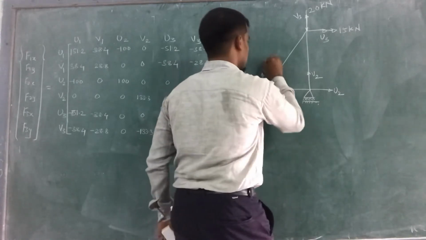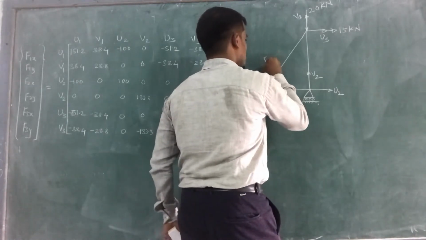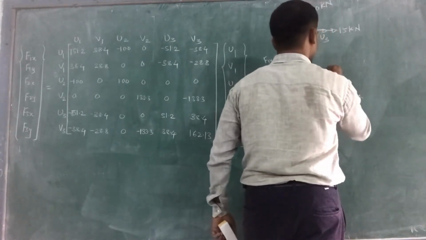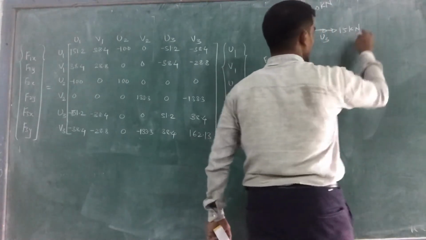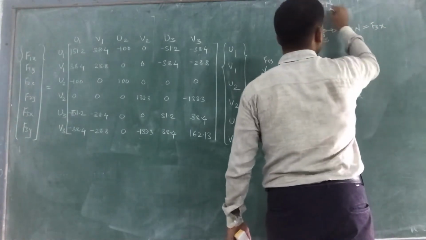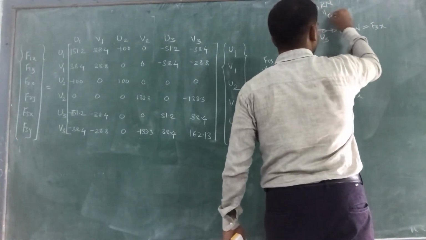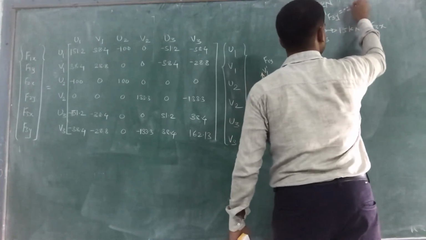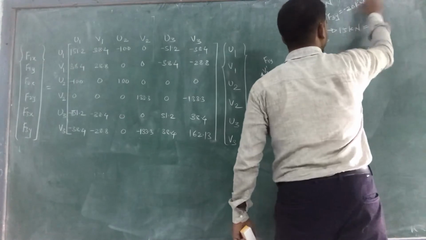Similarly, F1x, F1y, F2x, F2y, F3x is nothing but 50 kN, and F3y is nothing but equal to minus 20 kN. Okay.